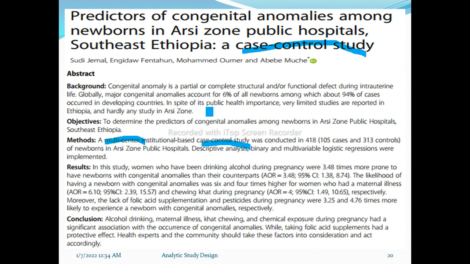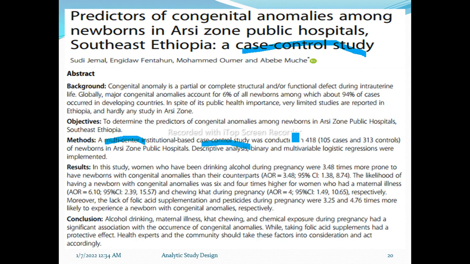The outcome of this study is the presence or absence of congenital anomaly. So this study considers newborns with congenital anomaly and newborns without congenital anomaly. The newborns' mothers were asked about exposure or risk factors.